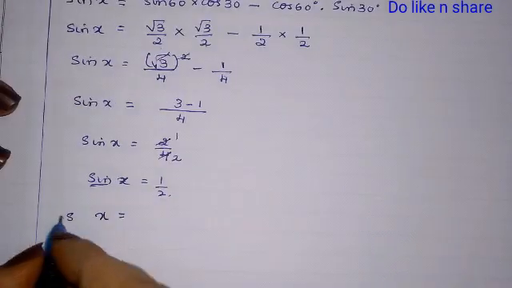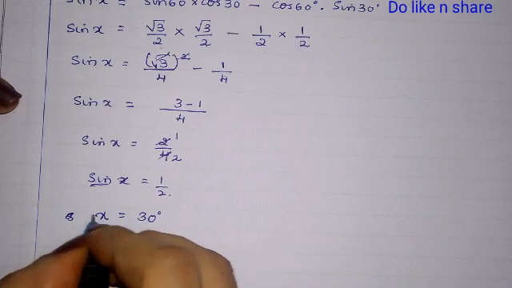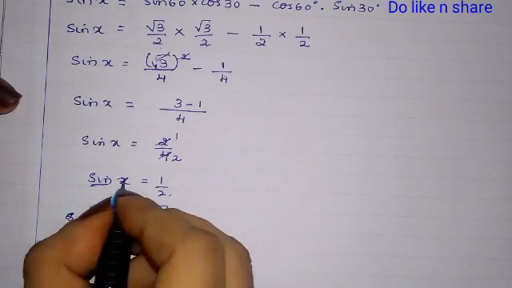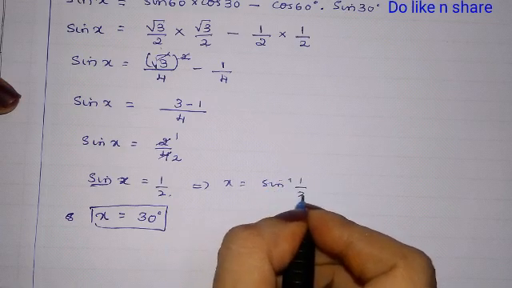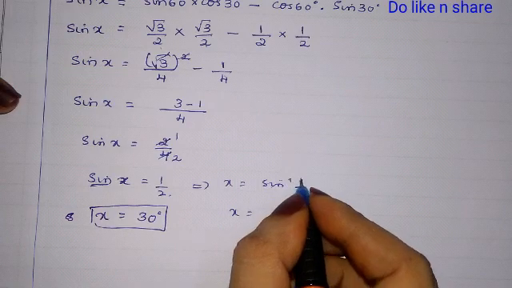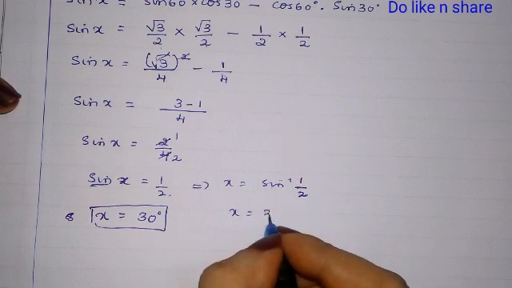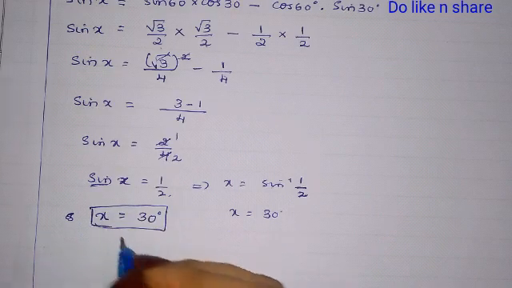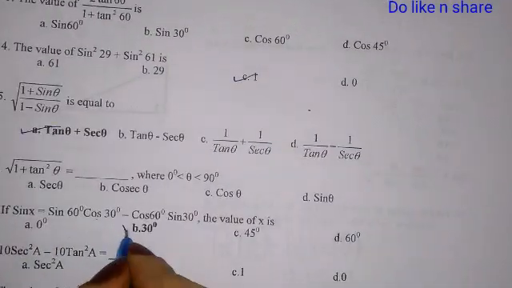So the x value will be 30 degree, because if we remove sine, it will be x is equal to sine inverse of 1 by 2. So for the sine value, for what value will we get sine as half? That is 30 degree. So the x value is 30 degree, and you can see here, the correct answer is 30.